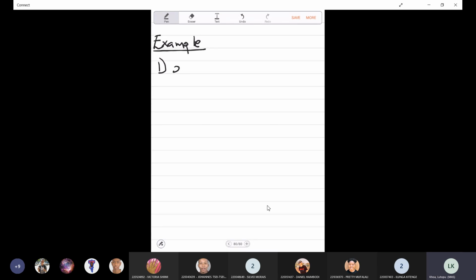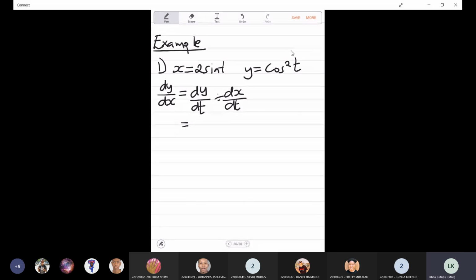So let's say we have x is equal to 2 sin t, and y is equal to cos² t. Then we want to work out dy/dx first. So to get dy/dx, we said dy/dx is dy/dt divided by dx/dt. So dy/dt, differentiate this with respect to t.